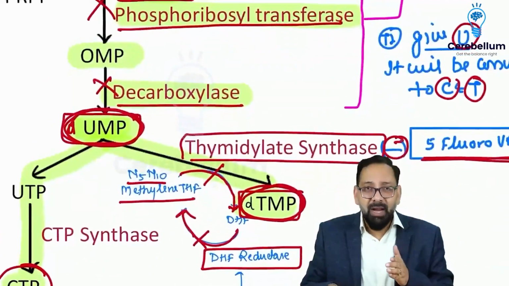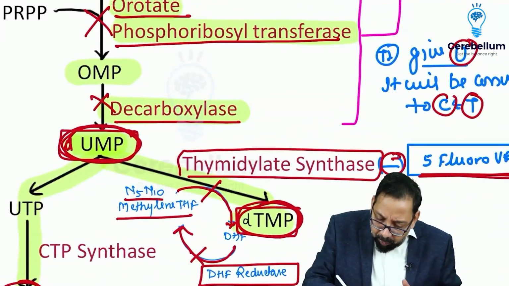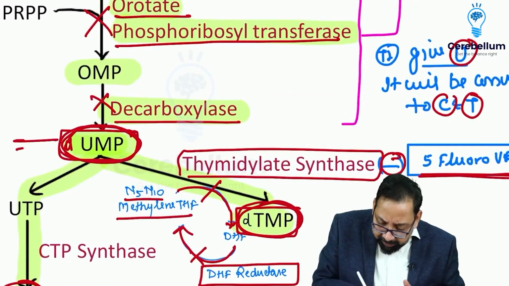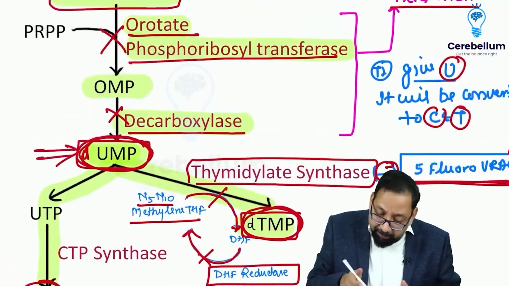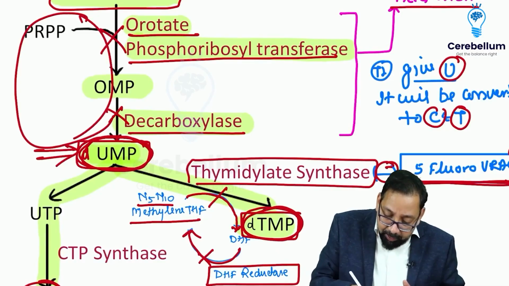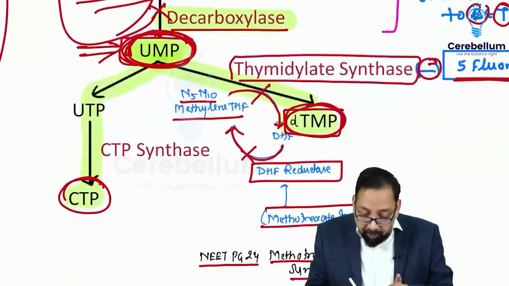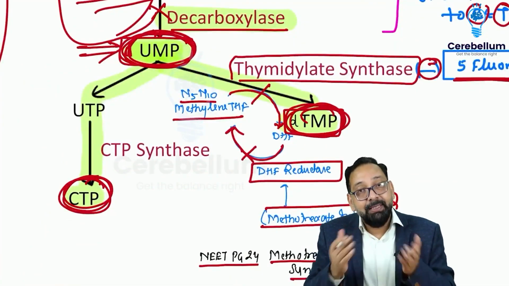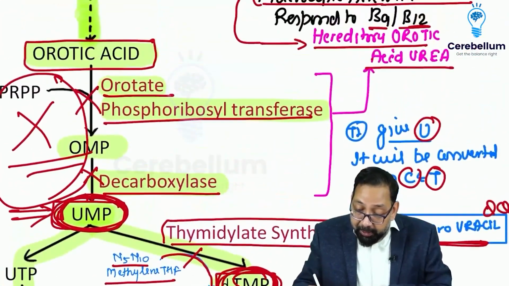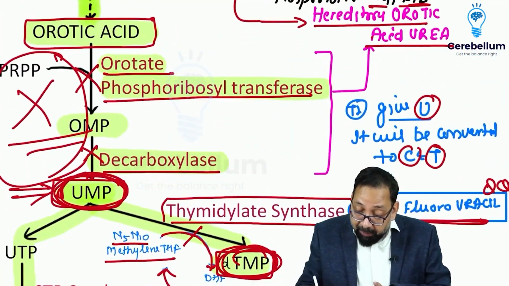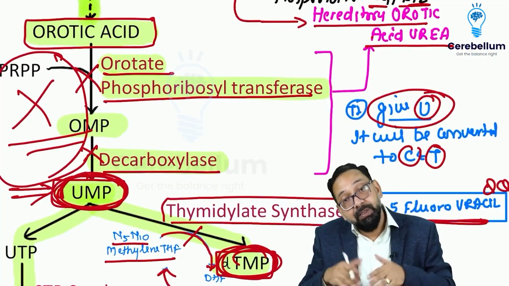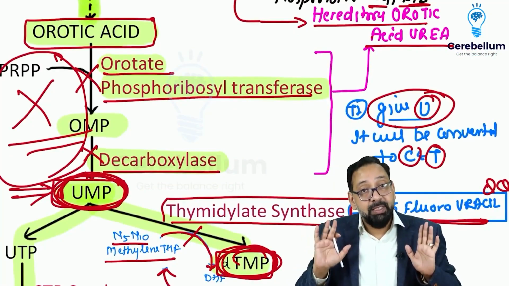You will say, sir, I will give U, because the first one synthesized is U. We have a defect at this level. If I bypass this and give U, U will be further converted to C and T very easily. So in hereditary orotic aciduria, I will give U, and C and T will be synthesized easily.